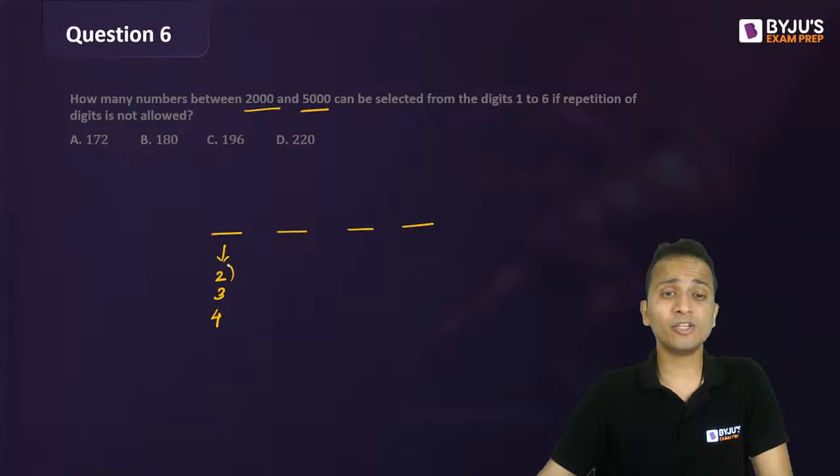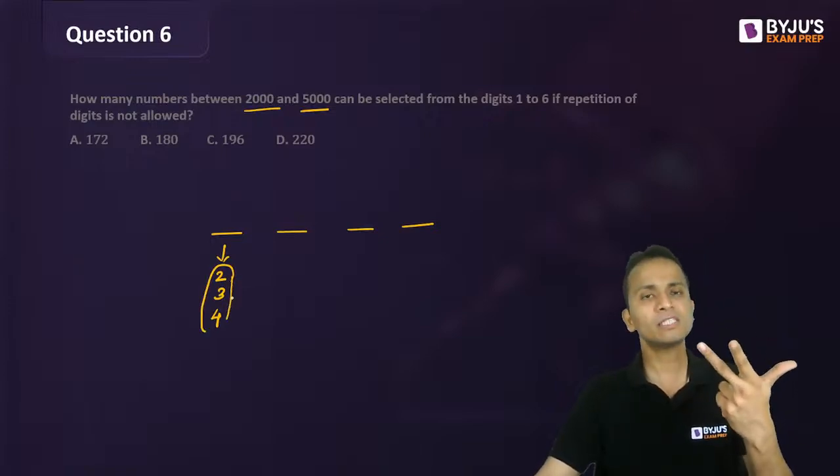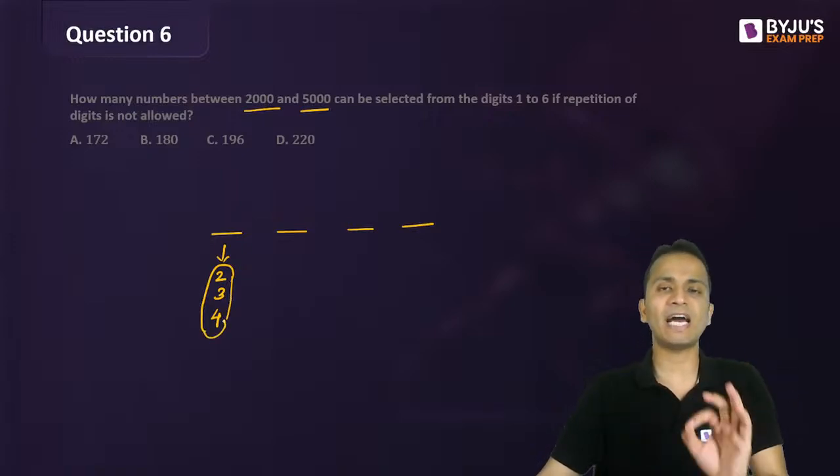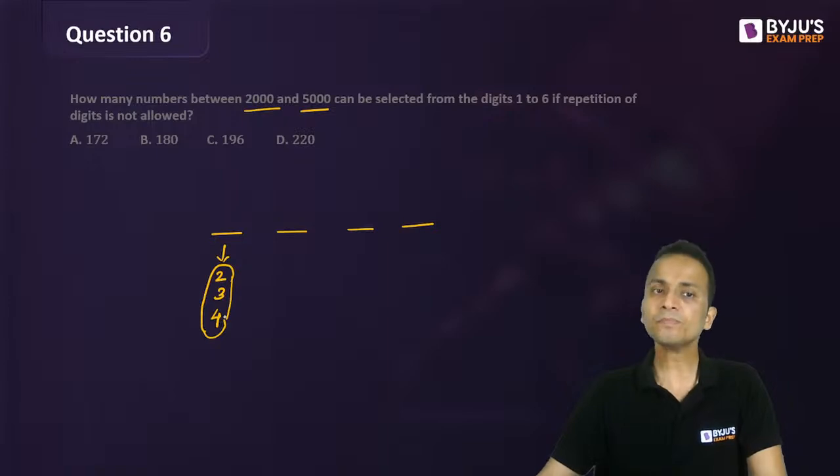So the digits used at the leftmost place can be 2, 3, 4. Since the number has to be less than 5000, I cannot use digit 5 at this place. Now digit 2, digit 3, digit 4, that means the leftmost place can be filled using 3 ways.